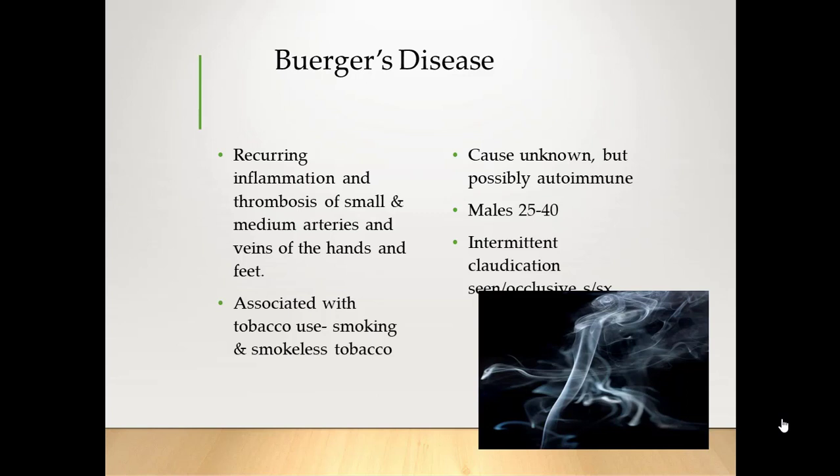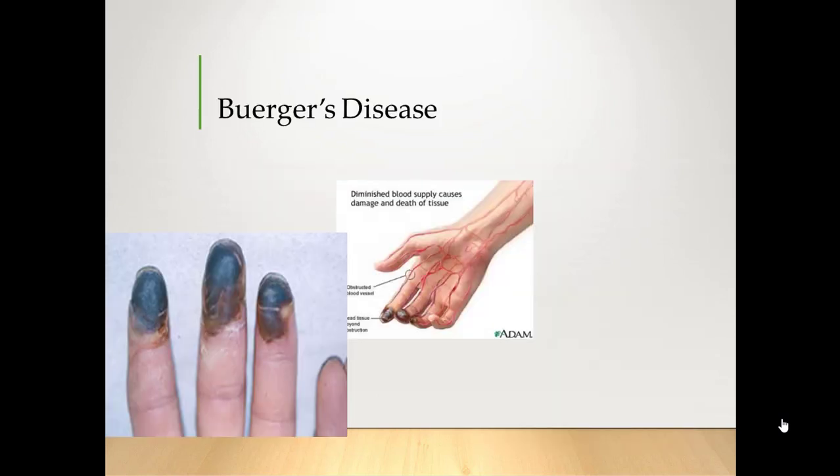It can actually cause death in the fingertips like this because there's decreased blood supply. I haven't seen Buerger's disease for sure, but I have seen dead tissues, and that is what it looks like.